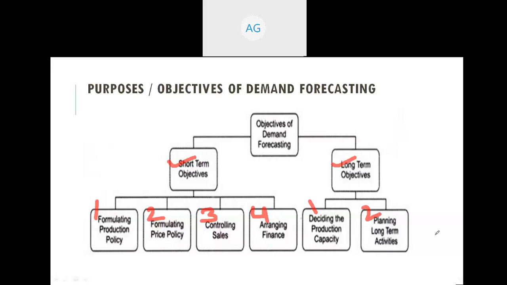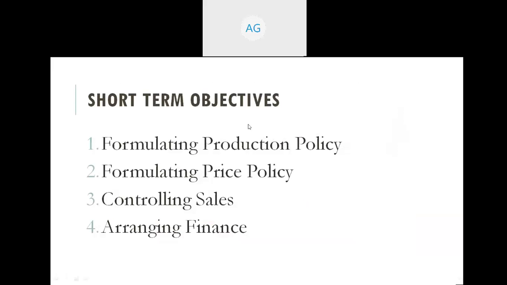So moving to the next slide. We are first discussing the short-term objectives. There are 4 in number. So these are the 4 short-term objectives. Let us discuss the first short-term objective, which is formulating production policy.